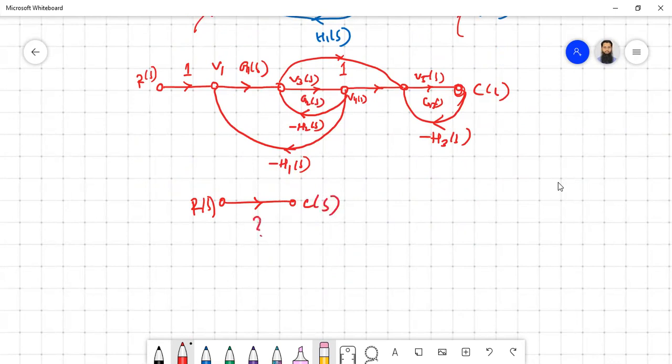Okay, so this is what we are interested in this particular case. So you have to figure out this quantity. So for that, actually, one formula is given by Mason. So this is known as Mason's rule. And the formula is very simple looking formula.